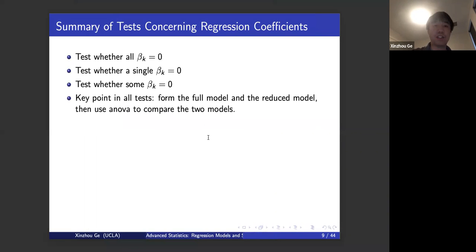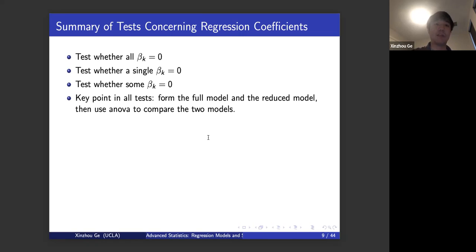So far we have shown how to do different tests concerning the regression coefficients. We can use the F-test to test whether all beta k equal 0, and we can just use the summary function for the whole regression model to do this. We have also shown how to test whether a single beta k equals 0, which can be done using a t-test for each individual predictor.